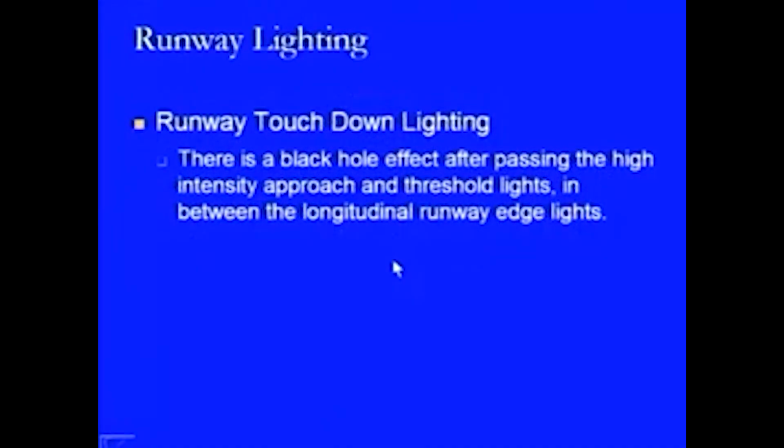Then there is another category, that is touchdown lighting. In this case, there is a black hole effect after passing the high intensity approach and threshold lights, and in between the longitudinal runway edge lights. So, as soon as we cross the threshold, which is green in color, a black hole condition gets created because of the high intensity.